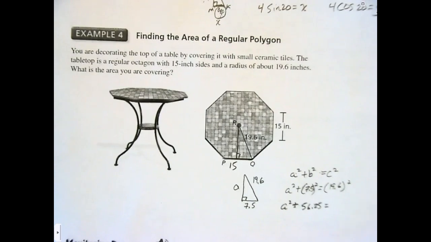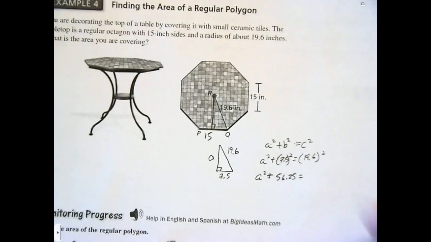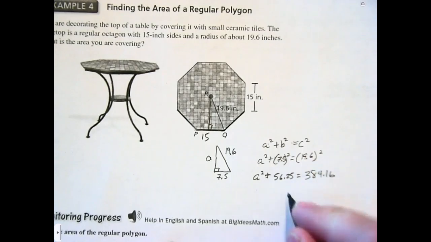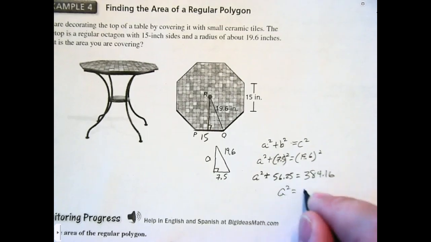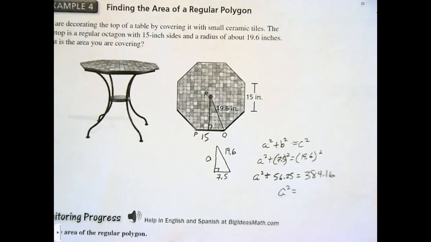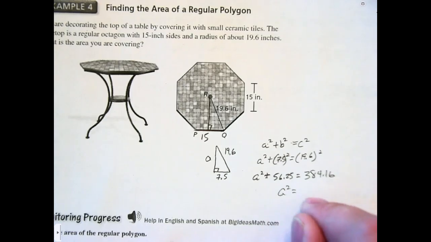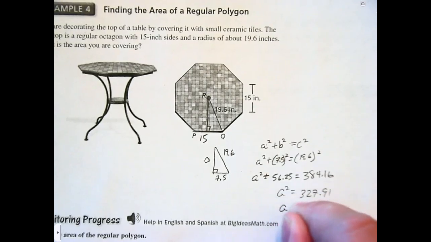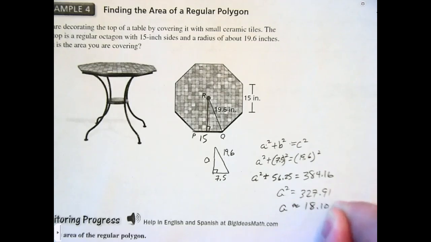What's 19.6 squared? 384.16. Thank you. All right, and so a squared then, we subtract those out, we should have 327.91. A is approximately 18.108.